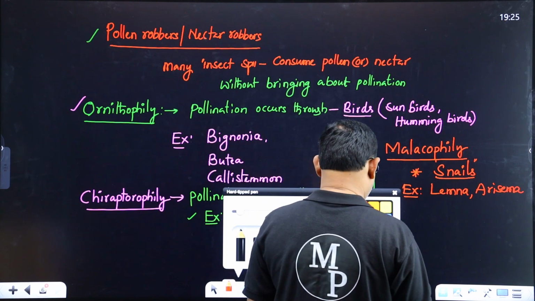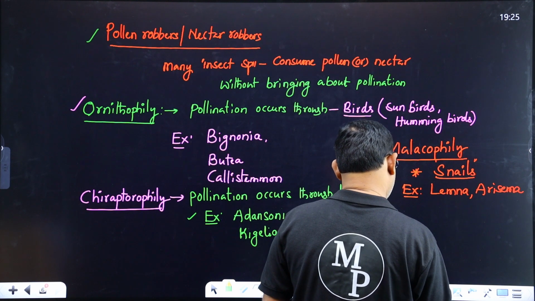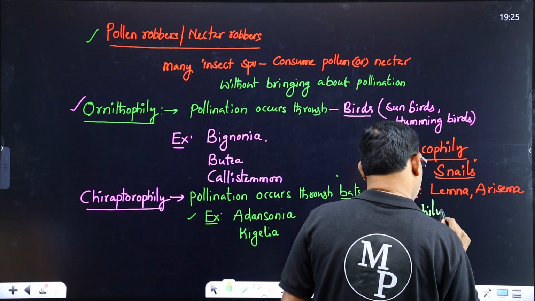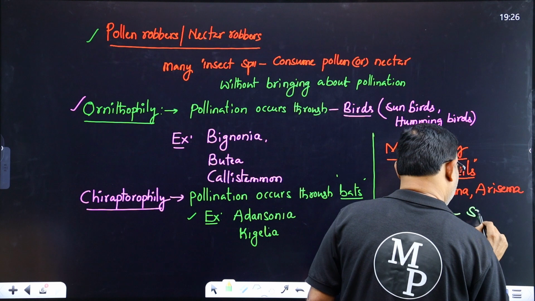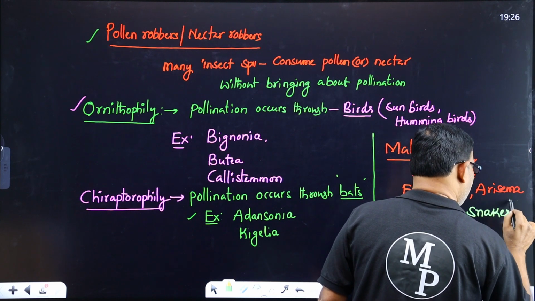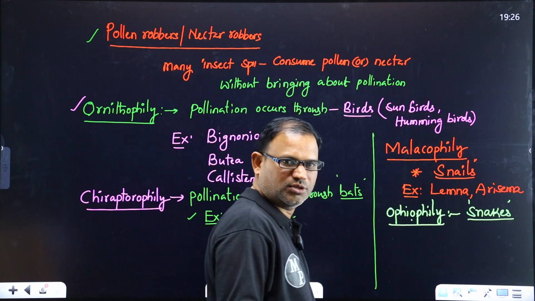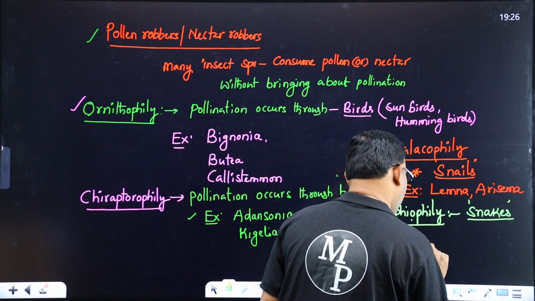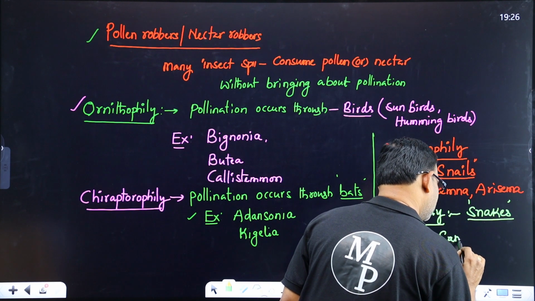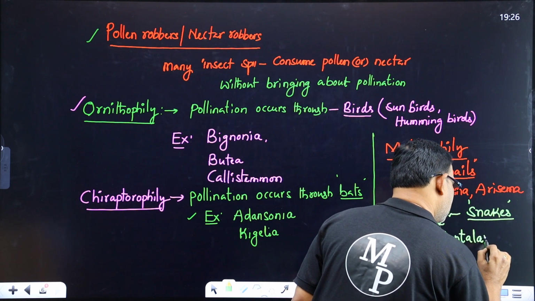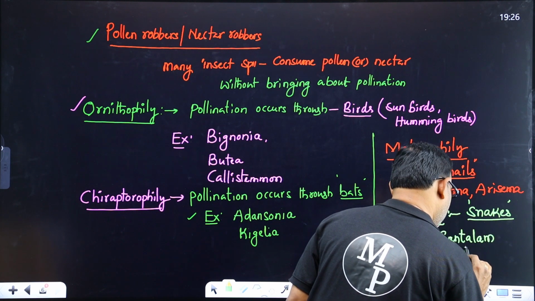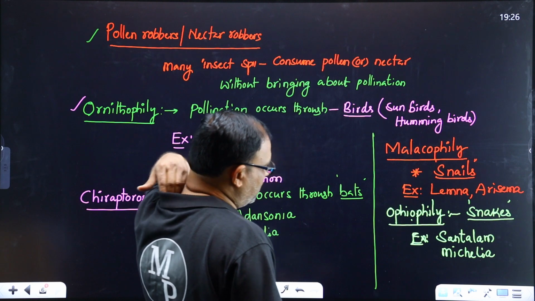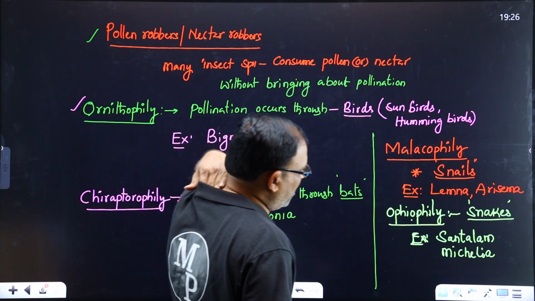And one more is Ophiophily. Ophiophily means pollination occurs through snakes. Examples are the parasitic plants Santalum and Micaelia. Such types of plants are pollinated with the help of snakes.